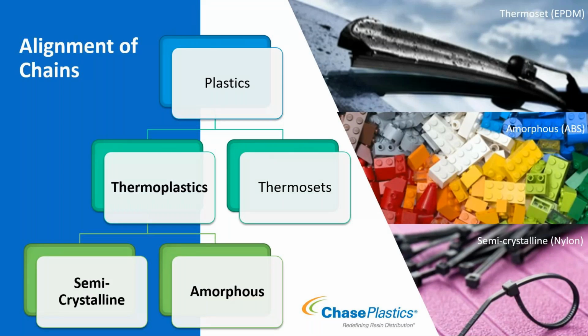Then we have two types within plastics. You're going to have your thermosets. I don't have a slide to spend a ton of time on it, but thermosets are going to be your materials that go through a chemical change when they are processed. So these are going to be your rubber materials, your epoxies, stuff like that, where they're going to go through a curing process and it's going to create those bonds there.